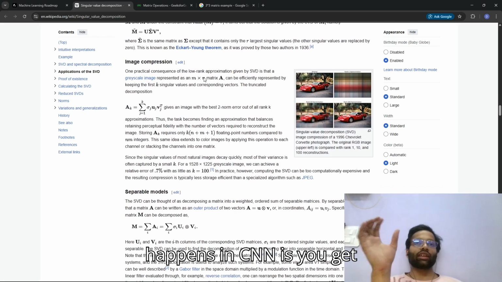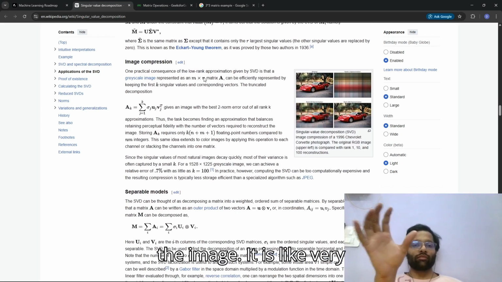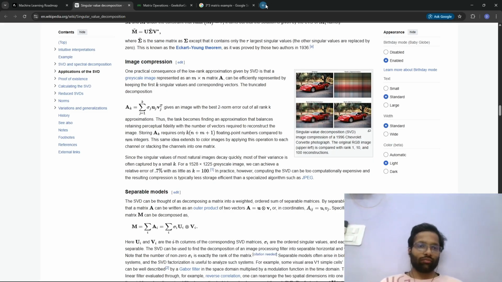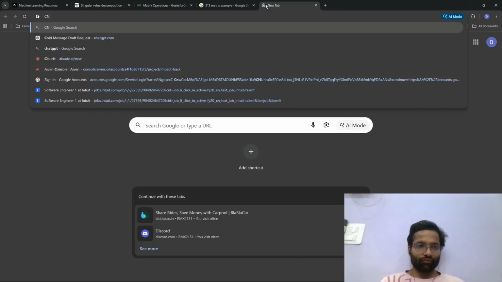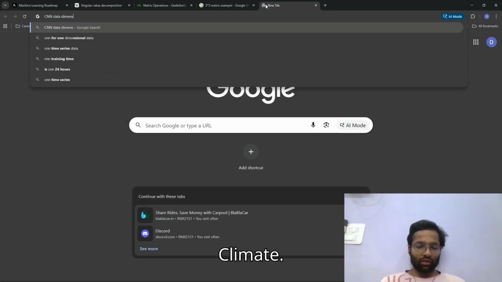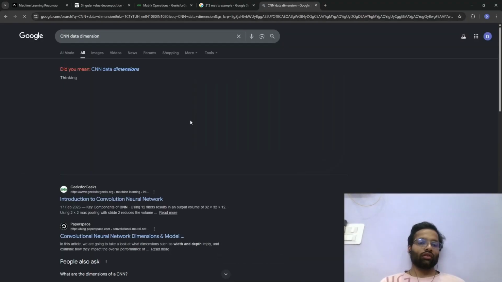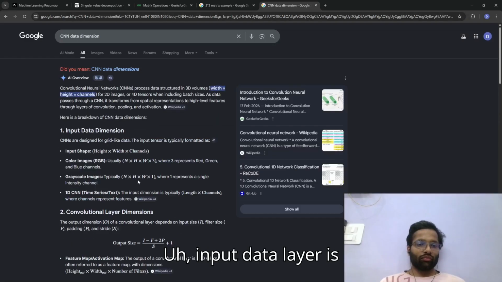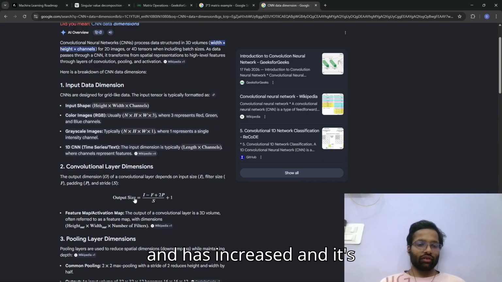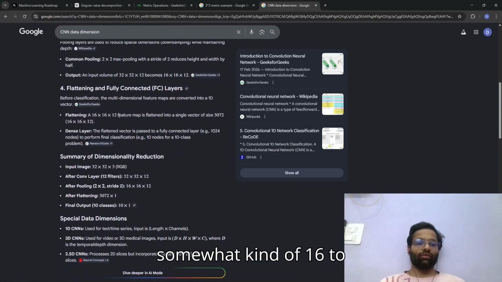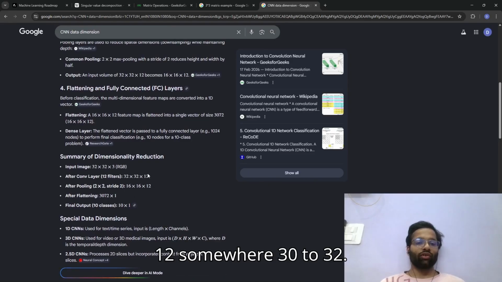So what happens in CNN is you get the image, it is very high dimensional data. Let me search CNN data dimension. Input data layer is something like 16 by 16 by 12, somewhere 32 by 32.